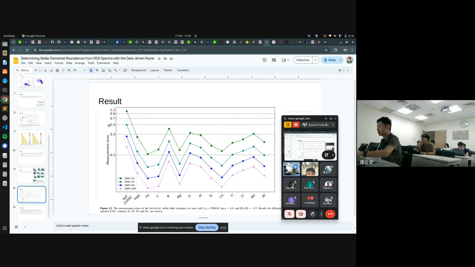Okay. Any other question, comment? I think it's a very good use of machine learning here. If your resolution is low, you ask the machine to sort of make it higher resolution to recover these old indices. And it seems for some bright elements it's successful, right? Like magnesium, even at SN 10 the error is very small.